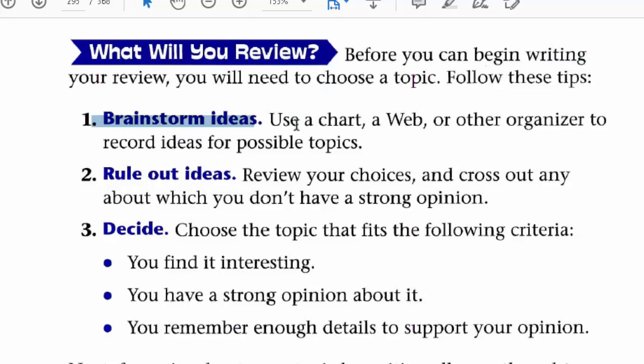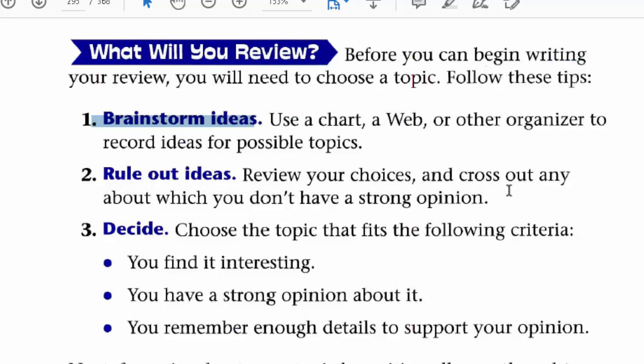You can use a chart or web or other organizers to record ideas for possible topics, like a number of movies, a number of pages, a number of applications. So collect as many ideas as you can to write about. And then step number 2, rule out ideas, sort them, reorganize them.